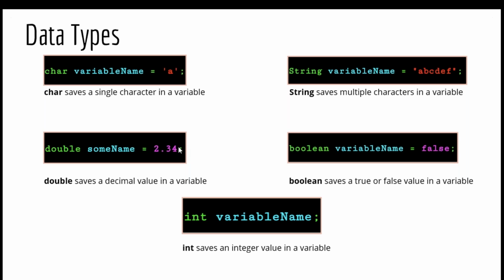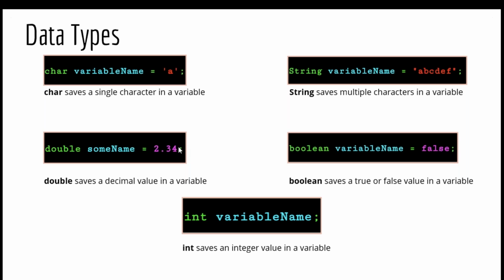That's where we bring double in, because there will be many cases in Java programming where you will need decimal values in your code. That's why double is so important: it's the only way you can save decimal numbers to your variables.